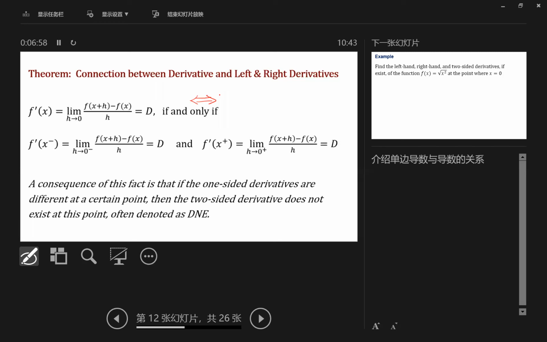You understand? Because derivatives are defined using limits, most of the properties for limits also apply to the derivatives, right?